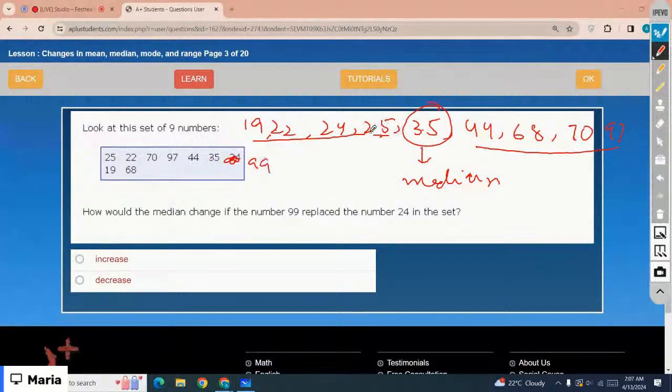So if you replace 24 by 99, the numbers are now 19, 22, 25, 35, 44, 68, 70, 97 and 99, right? Now here are four numbers and here are four numbers, and the median is increased from 35 to 44, right? That means the median is increased. The correct option is increased, right?